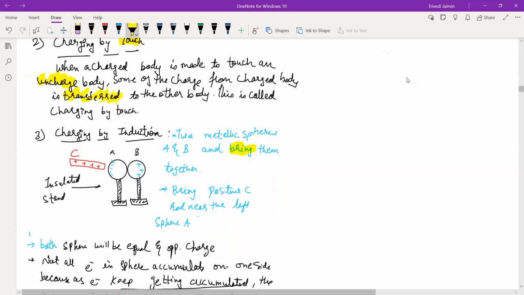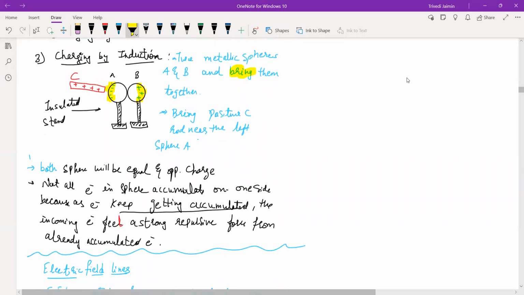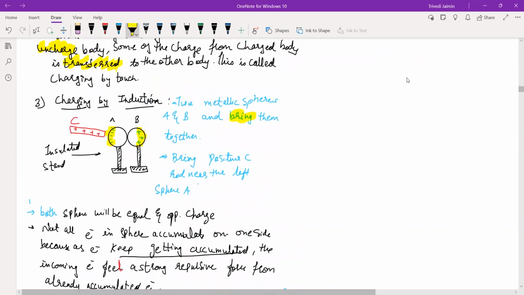If it is positive, then the negative charge will get attracted towards C, and the positive charge will be repelled. So if we remove this, B will be fully negatively charged and A will be fully positively charged, uniformly divided.